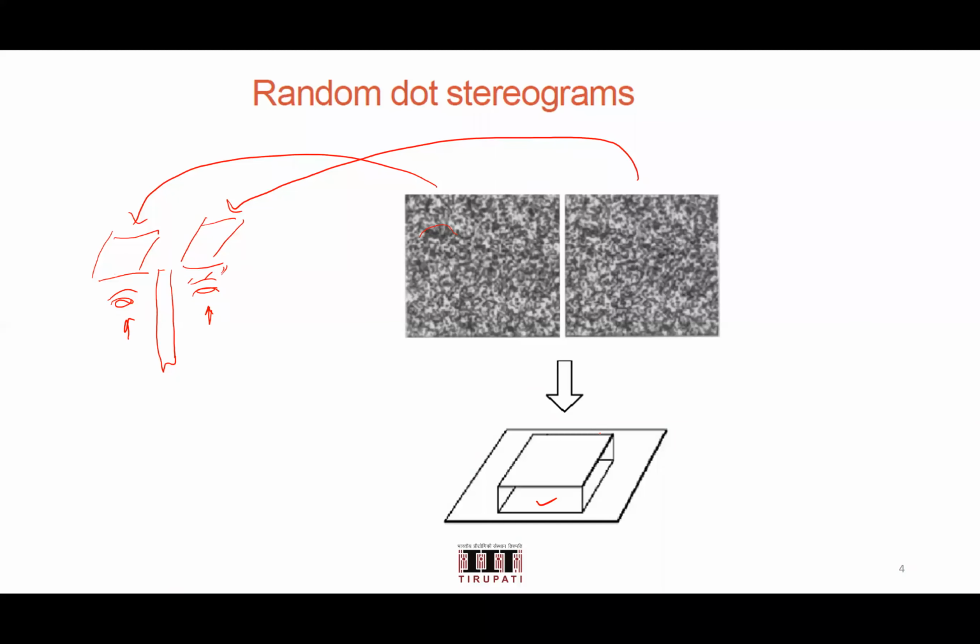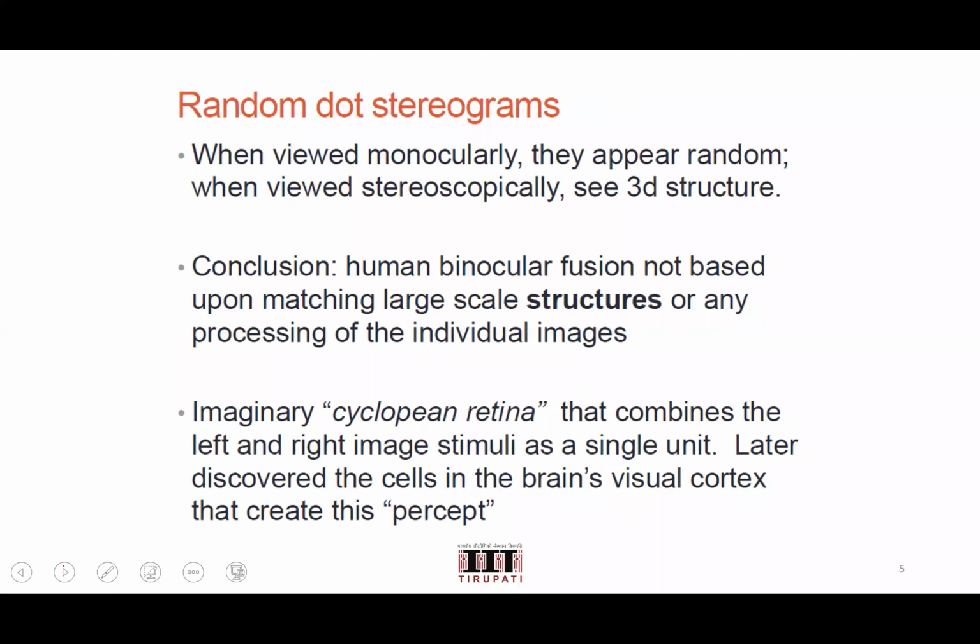So that was the outcome of the experiment they have done. This was the thing they were saying: human binocular fusion is not based on matching large scale structures or any processing of the individual images, but rather your retina and the way it is projected, and then the way it is going to some visual cortex and other things in your brain.